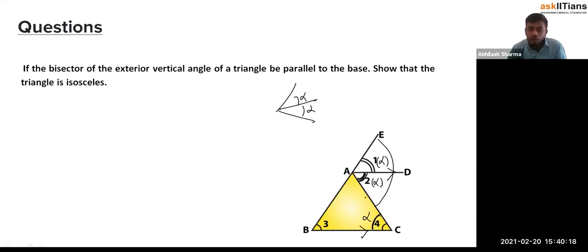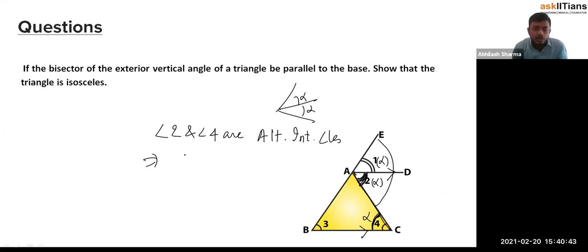Why will this be alpha? Because angle 2 and angle 4 are alternate interior angles. Of course, that's true, because these two lines AD and BC are parallel. AC is acting as the transversal. So of course, these two angles are alternate interior angles.